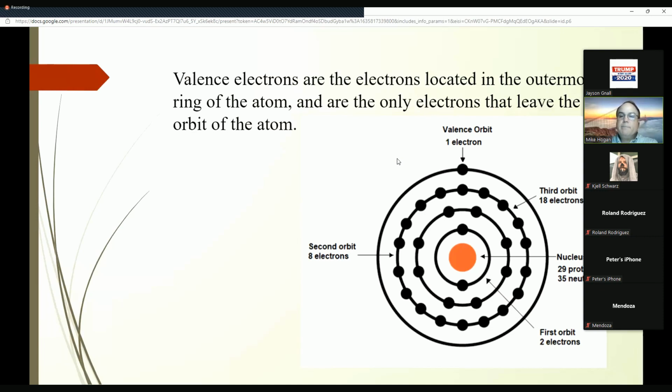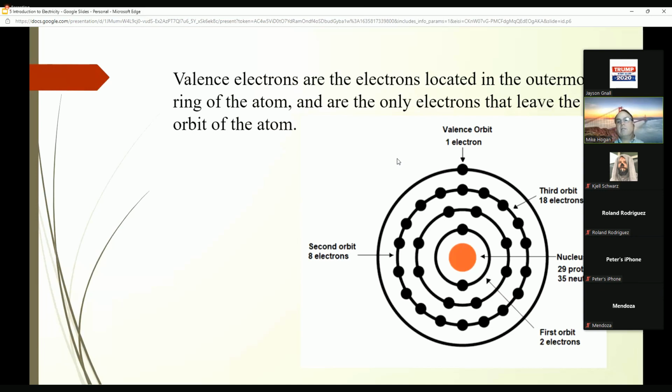If I have a valence shell that has 8 electrons, then they're much more tightly held. They tend to avoid being removed from that shell, and therefore they avoid moving electrons from atom to atom, which means they avoid moving negative charge from atom to atom, or as we refer to it, moving electricity down that material.